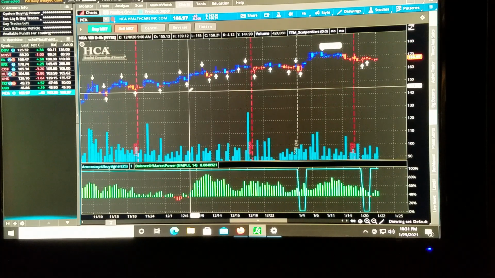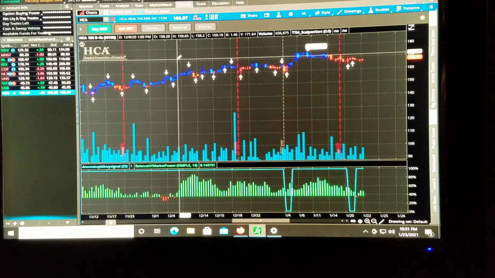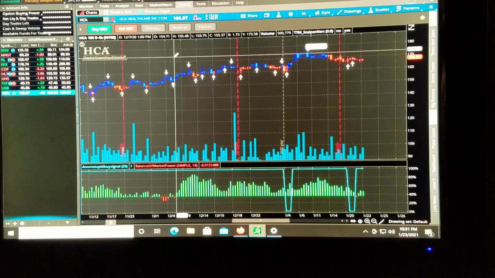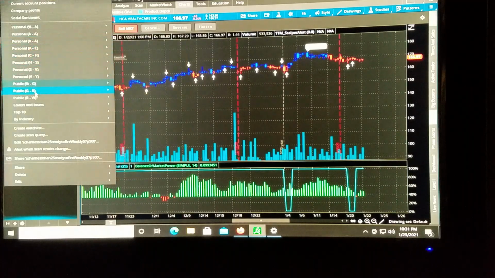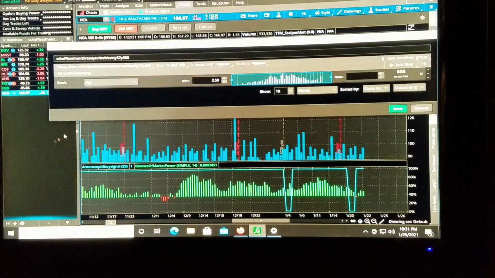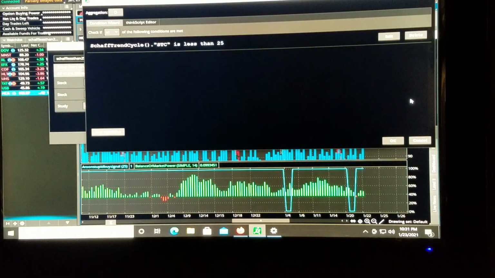So these are ones that seem like they're getting ready to fire long, based on a particular scan. And this is on the daily.